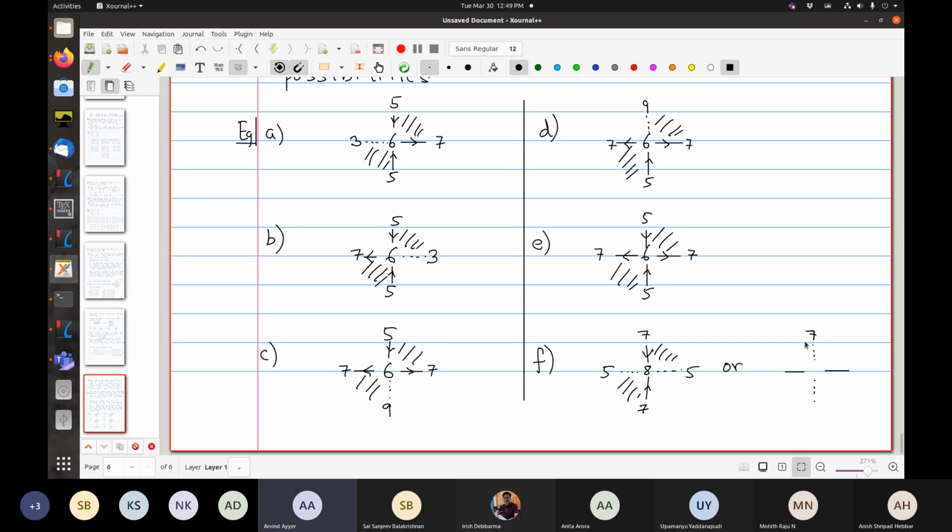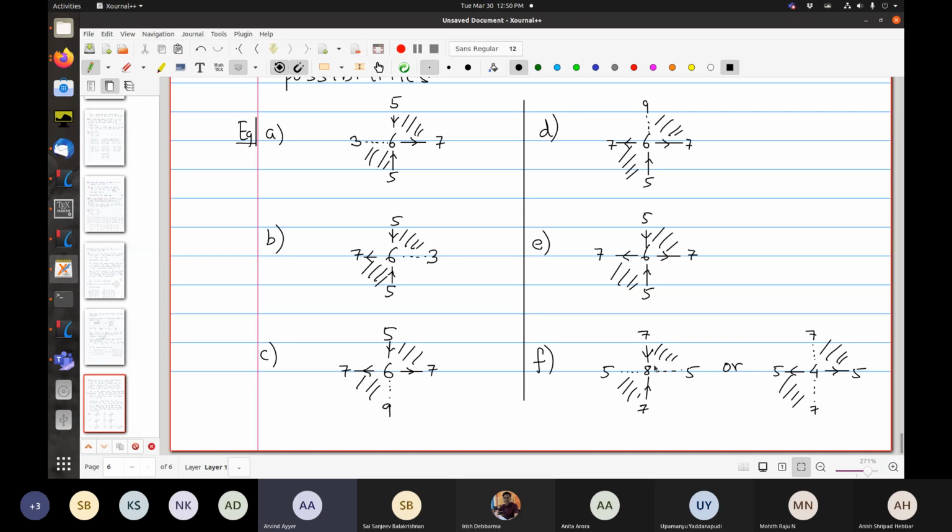So again, this is 7, 5, 7, 5. Now this is going left, and this is also going right. So this is 4 actually.